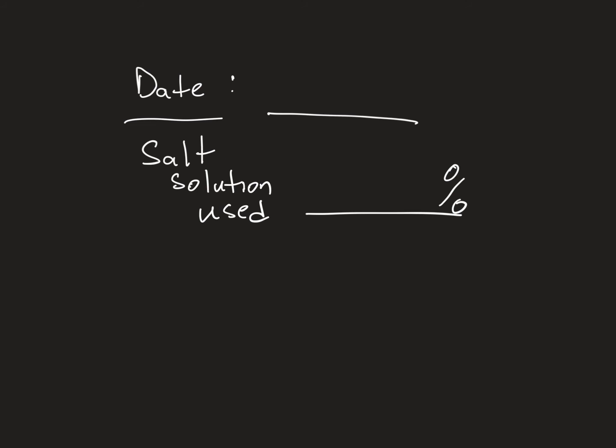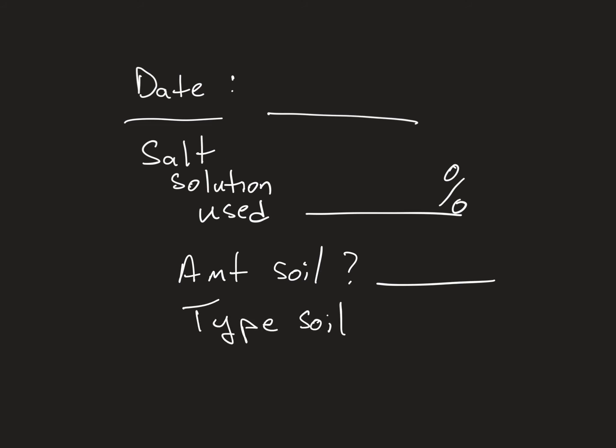And then it gives you a table, and in table A, it asks you to fill out what is the amount of soil you're using, and then it asks the question of the type of soil, and then it says the type of water.